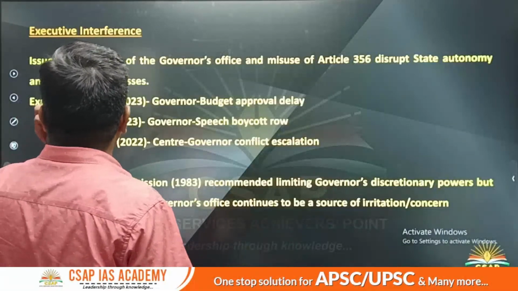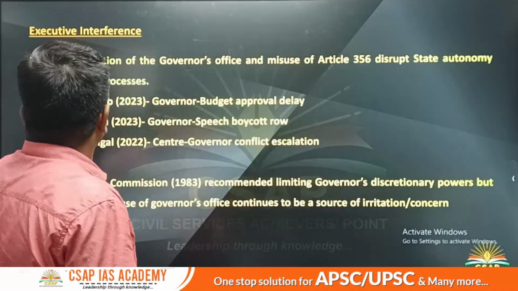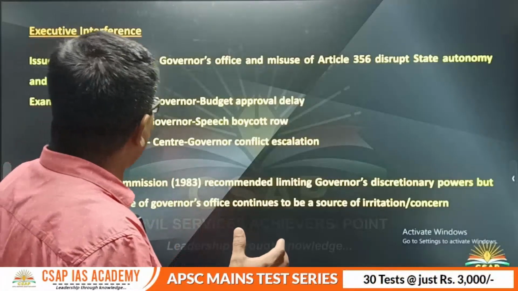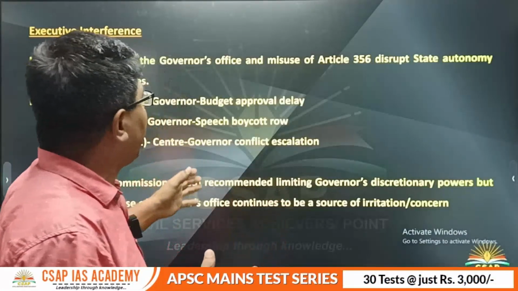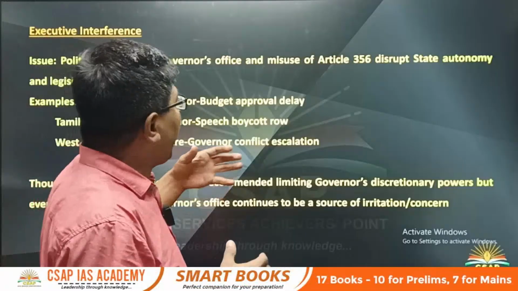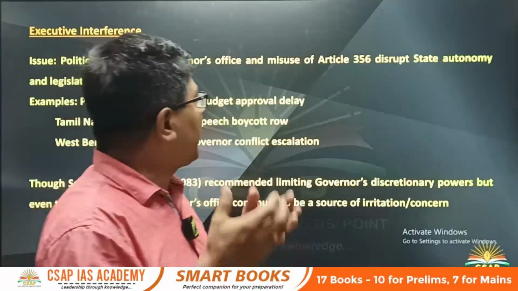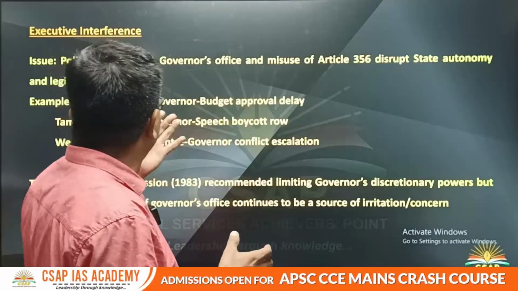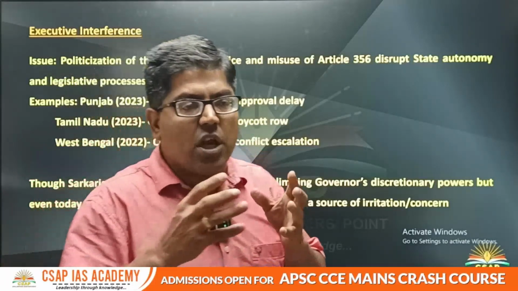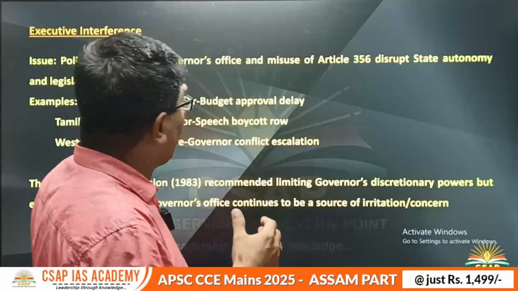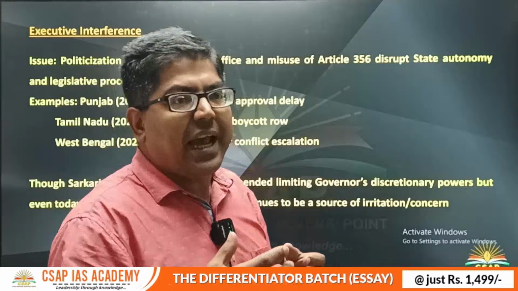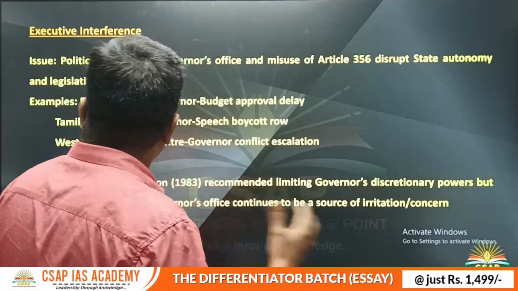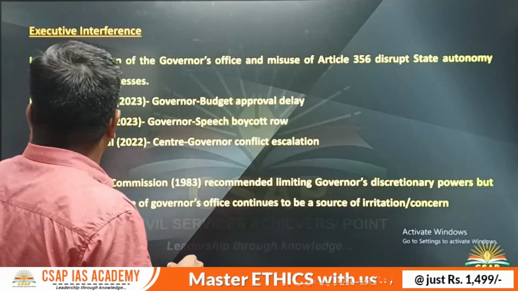Now, executive interference. We have seen how the office of the governor has been politicized, and there is a greater misuse of Article 356, which disrupts state autonomy and legislative processes, and this is not healthy for both the doctrine of separation of powers and federalism.